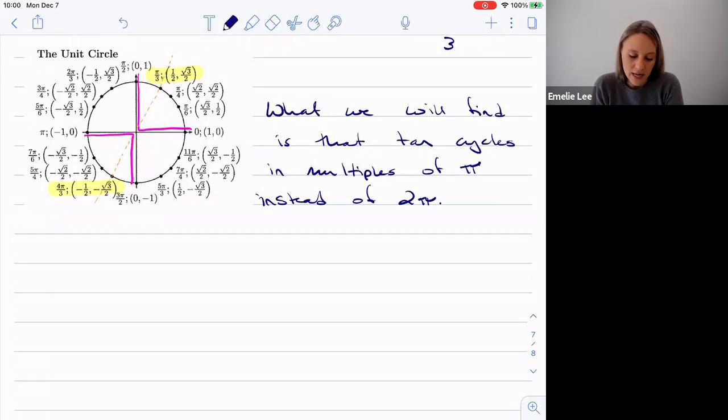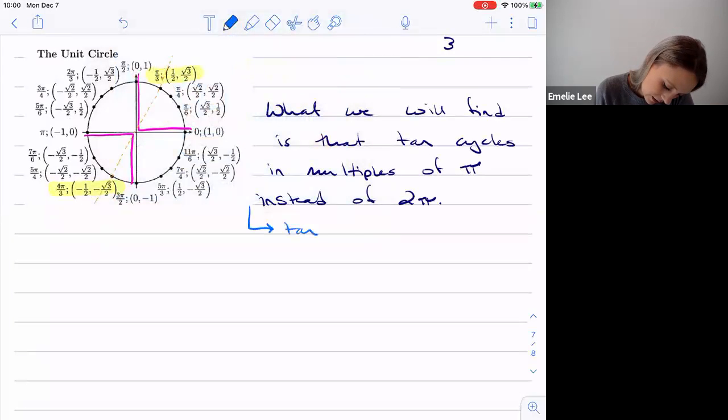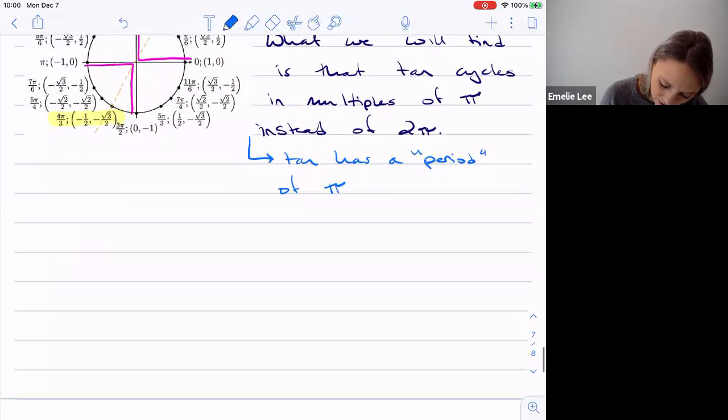We also say tan has a period of pi instead of a period of 2 pi.